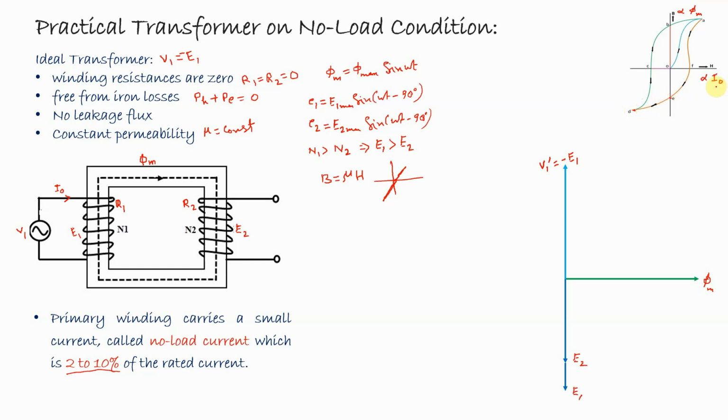That means the no load current I naught will be equal to zero. But when the current is zero, some amount of flux will still be present in the material, but it will be in the reverse direction. This is called the residual flux. So the concept of the residual flux is that when the current is zero, there will still be some flux present.